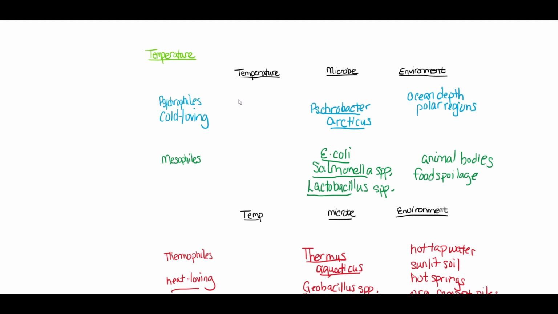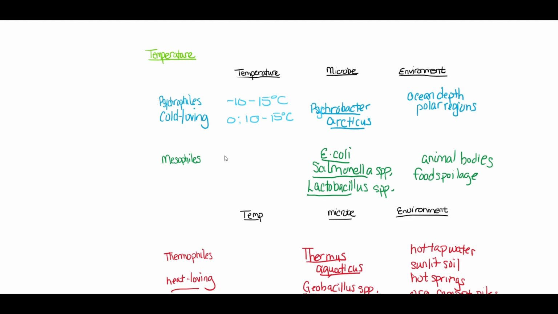They are cold loving, and their temperature range is -10 to 15 degrees Celsius, and their optimum temperature is 10 to 15 degrees Celsius. An example is Psychrobacter arcticus, and you'll find these microbes in the ocean depths or the polar regions.